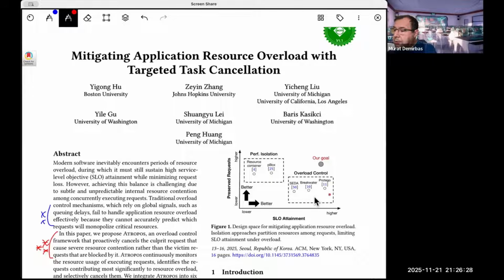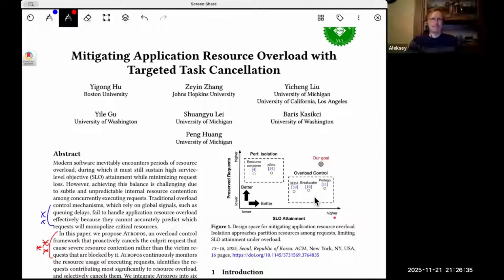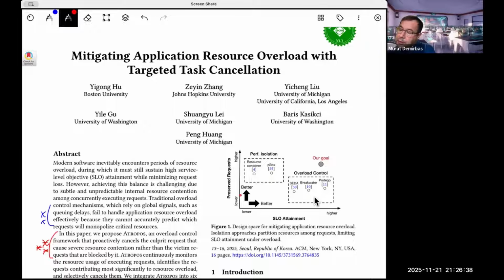The others are similar to it, and this is higher SLO attainment but lower in preserved requests because it kills requests, whereas the other is higher in preserved requests but lower in SLO attainment. Who would want that? Resource container, P-box, performance isolation.